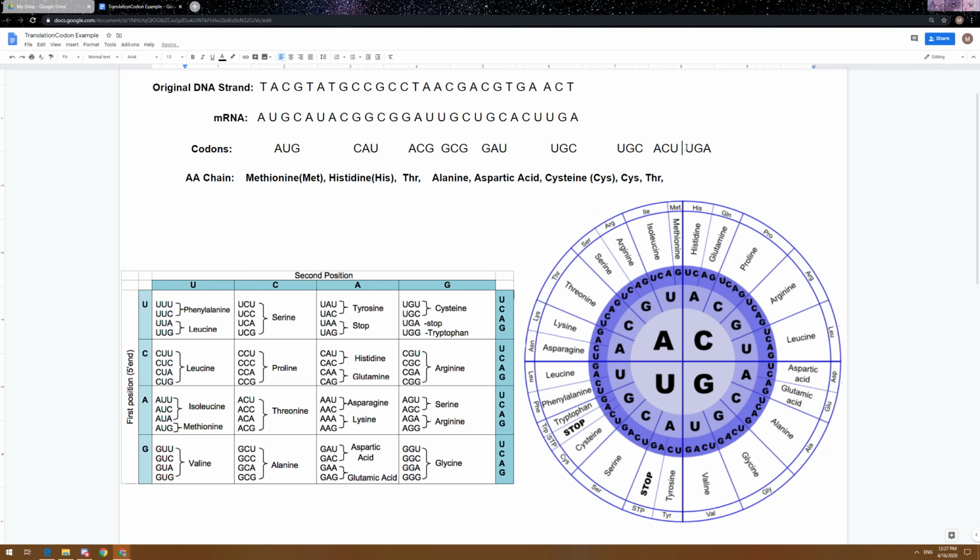And then we're going to look at our last one, UGA. So U, G, and A, which says stop. Okay, so when we have a stop codon, that actually isn't an amino acid.